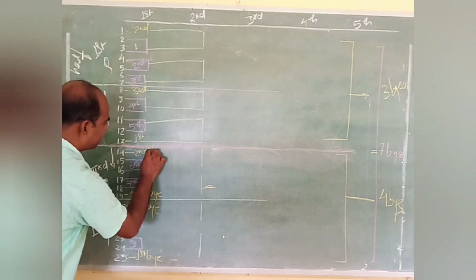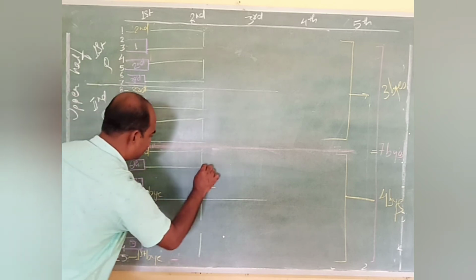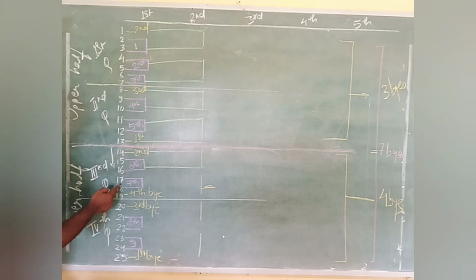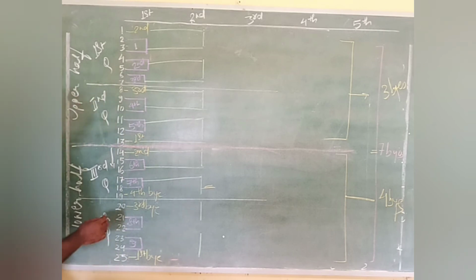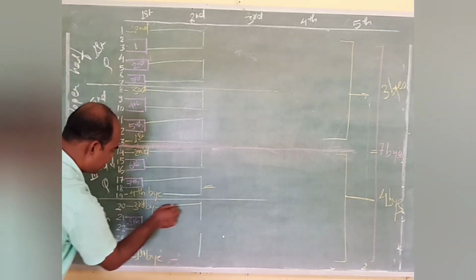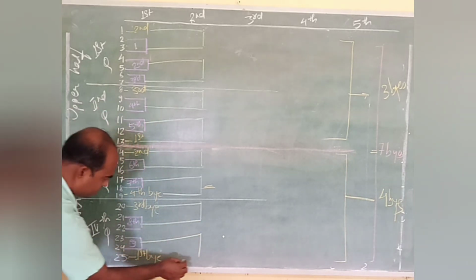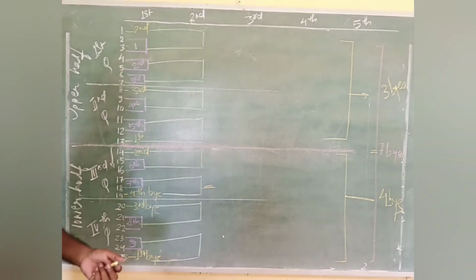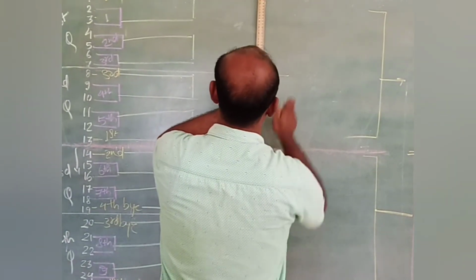Then the 14th number team, and the winner of 15 and 16. The seventh match was played between 17 and 18. The winner goes to the second round, and the 19 number team. Same here, I will not repeat. After the second round, the winner teams will go to the third round.